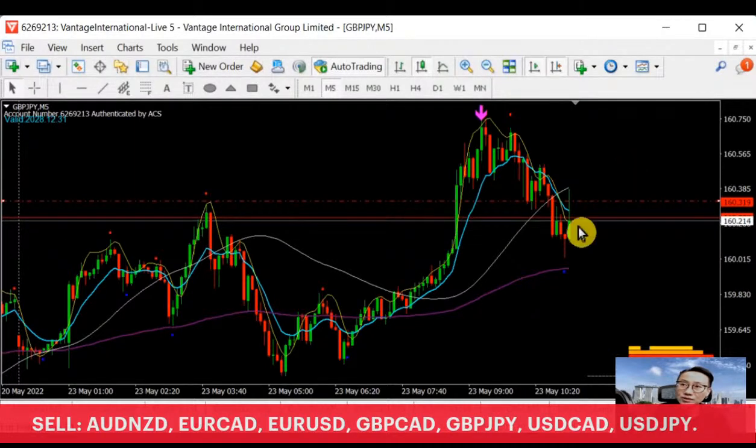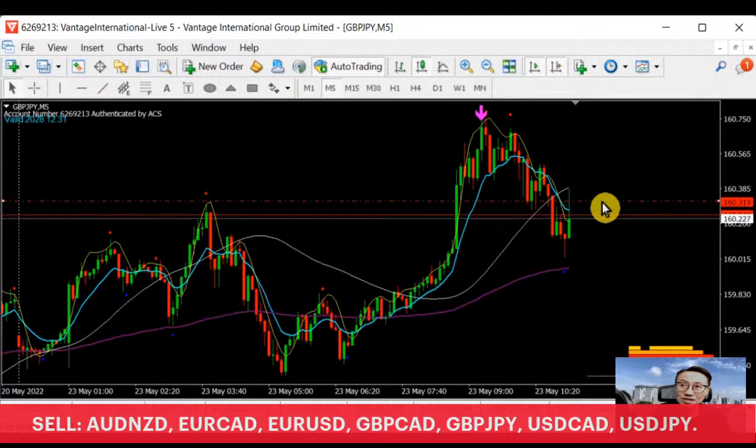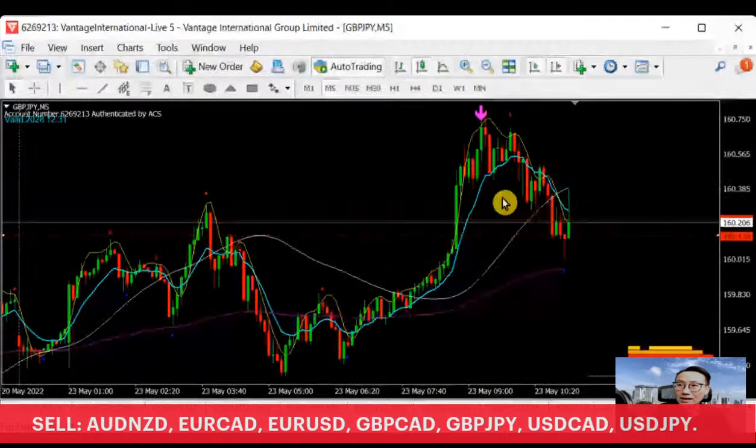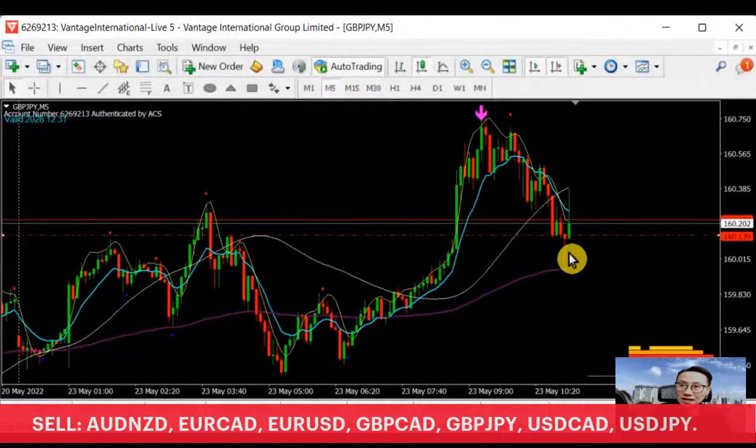Now let me show you. Can you see? This is the resistance, and this is a very clear rejection. It shows that the resistance is there. Later on it comes to a lower price, and your 160.134 will become another resistance. Why? The support has formed up and it tested once but got rejected, correct?